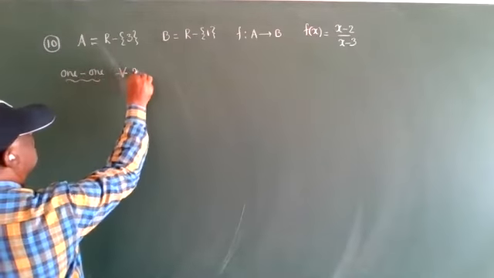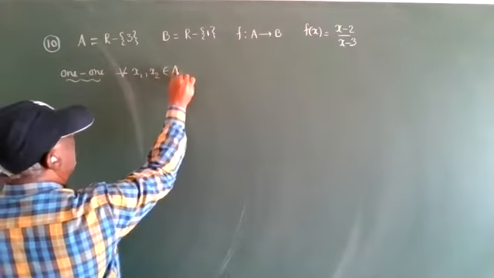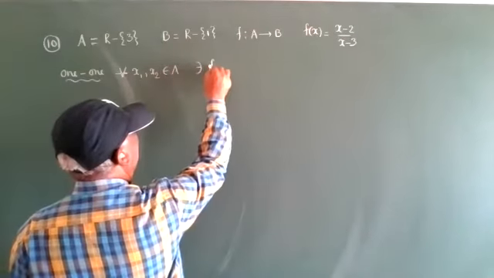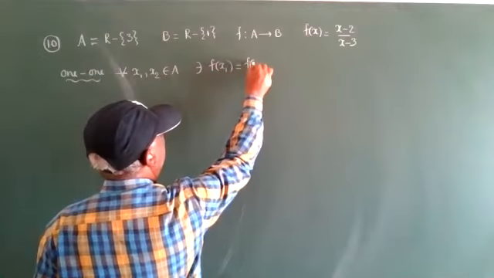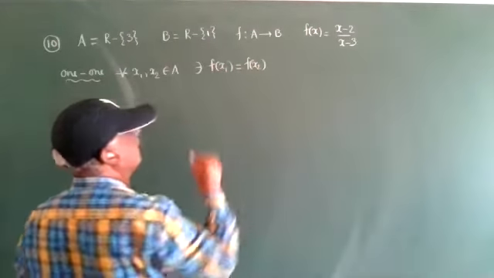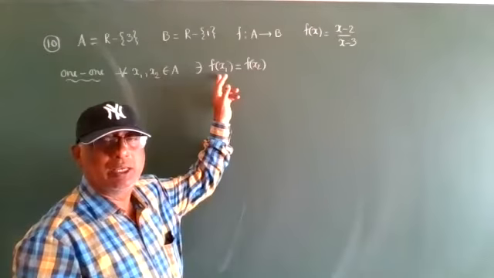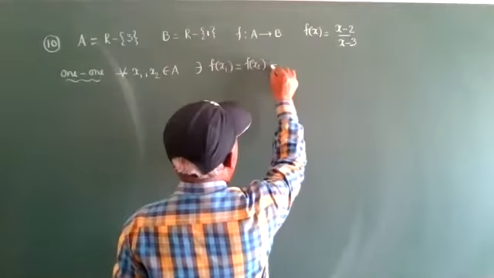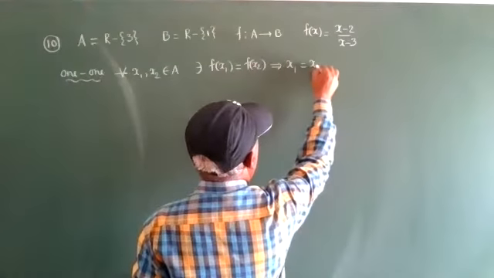For all x1, x2, two elements in the domain A, such that f of x1 is equal to f of x2, the elements in the codomain. F means image. Image is the elements in the codomain. Images are equal, their elements are equal.